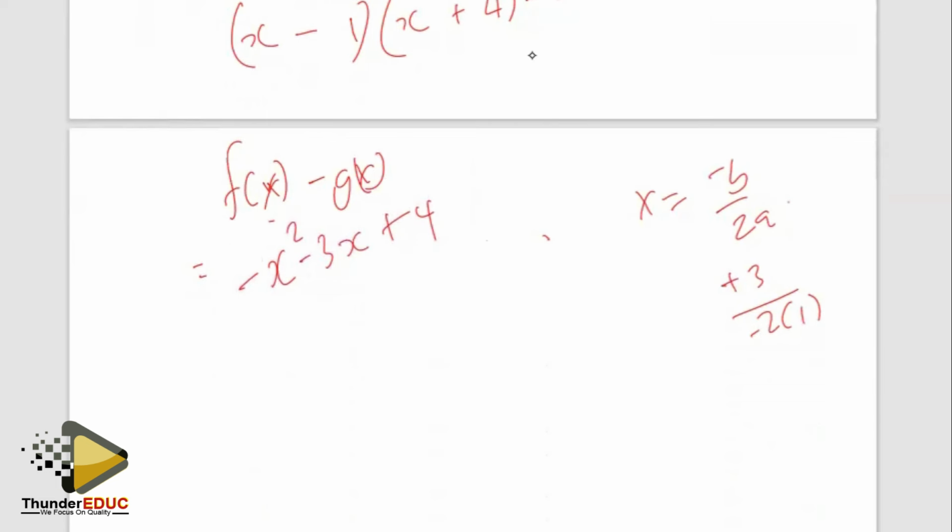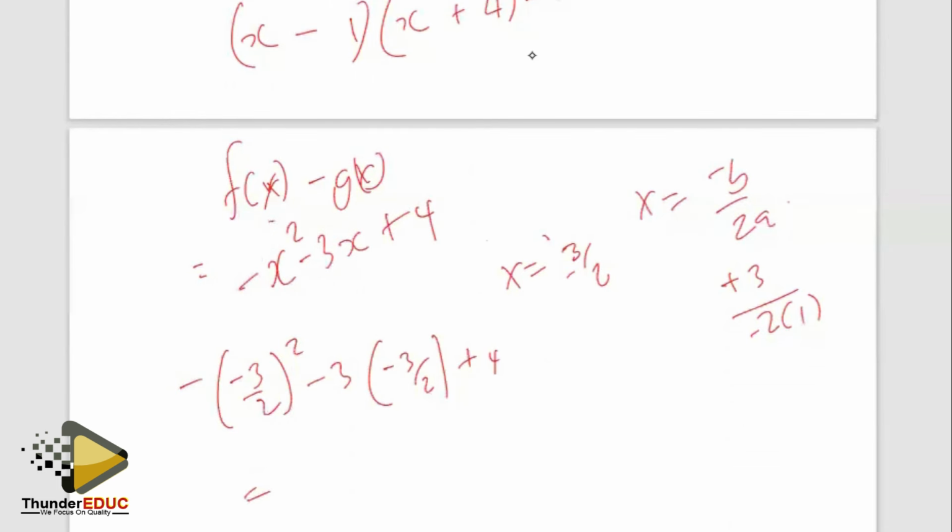So our maximum is at the point where x is negative 3 over 2. Then I'm going to substitute this into this expression: negative 3 over 2 squared minus 3 into negative 3 over 2 plus 4.